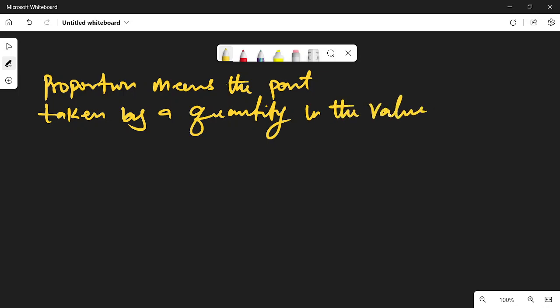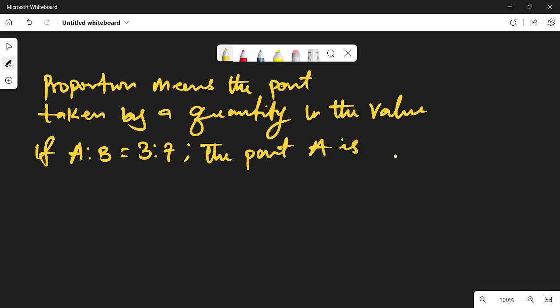For example, if I give you that A ratio B is equal to 3:7, the part in A is 3 out of the total of 10, that is 3 plus 7.